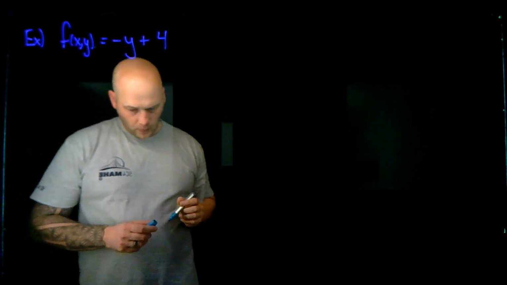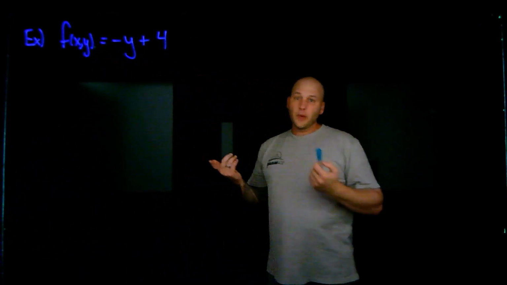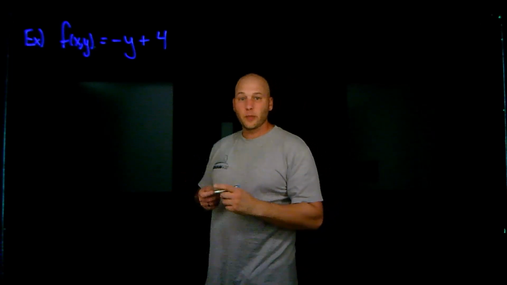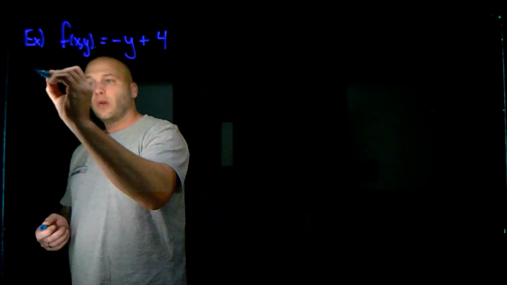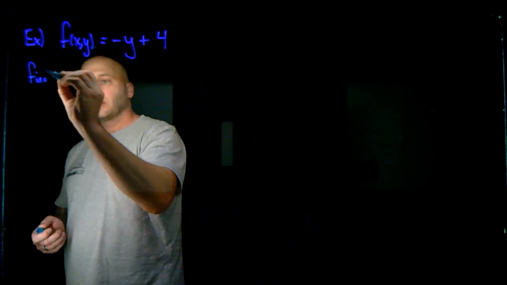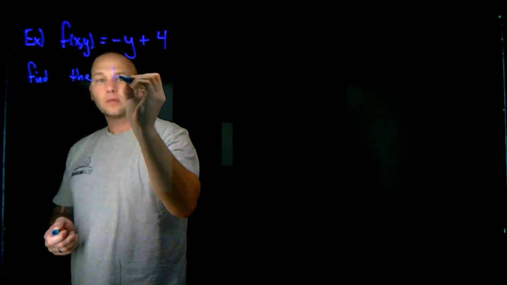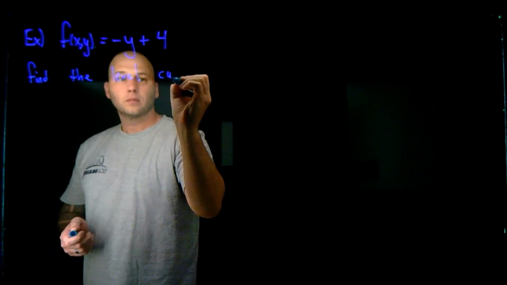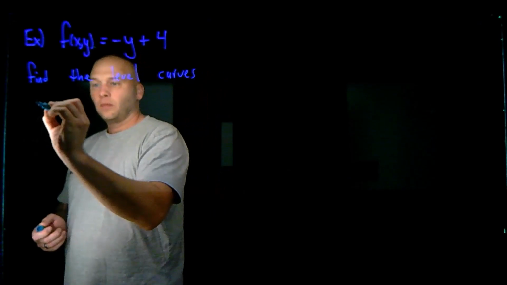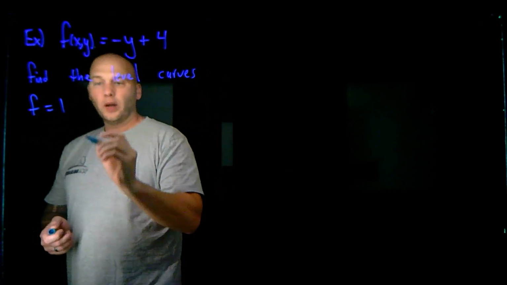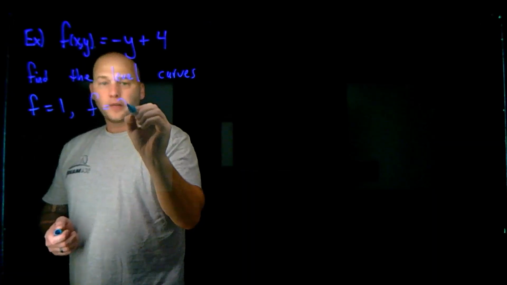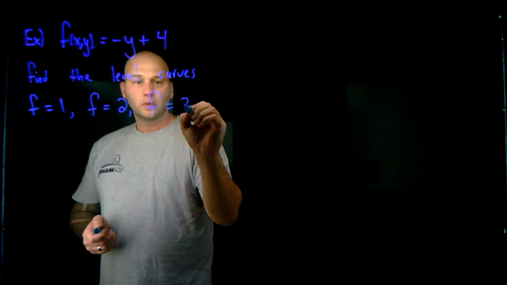Okay. Let's do a couple of things with this. For one, let's find some of the level curves. So find the level curves f equal to 1, f equal to 2, f equal to 3.